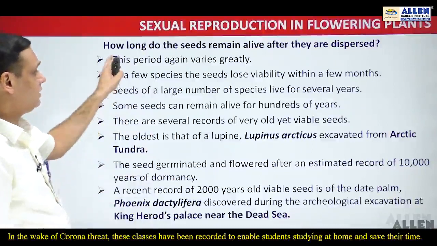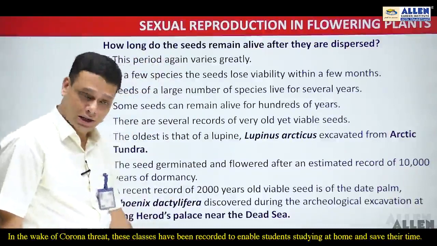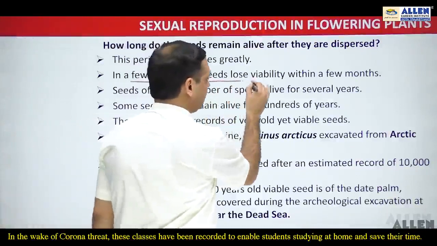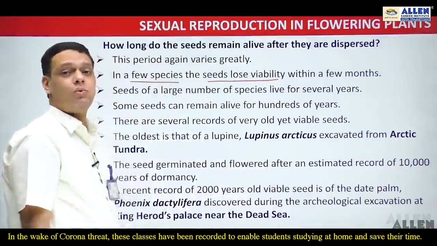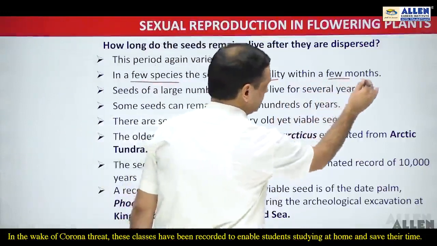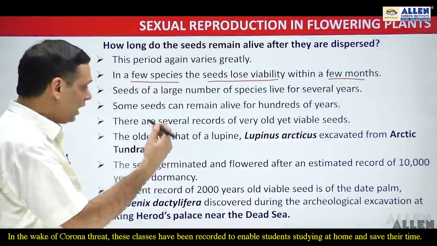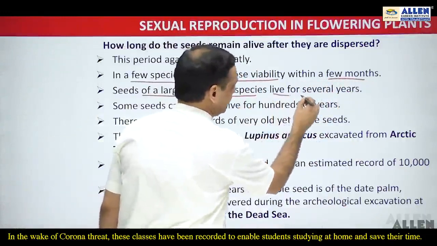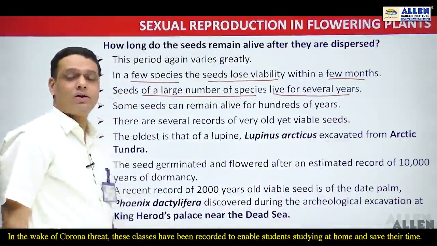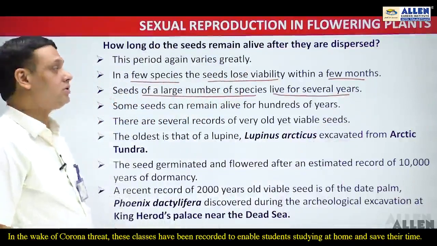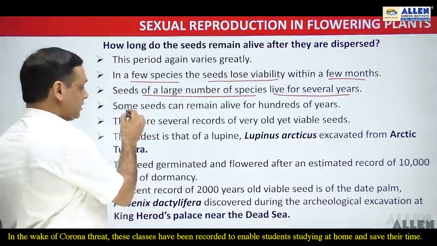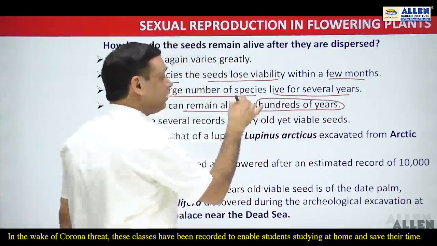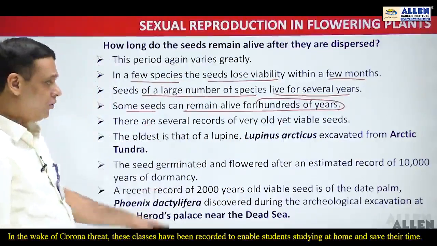In a few species, the seeds lose viability within a few months, but in some other species they can remain viable, or alive, for several years. Some of the seeds can remain alive for hundreds of years.